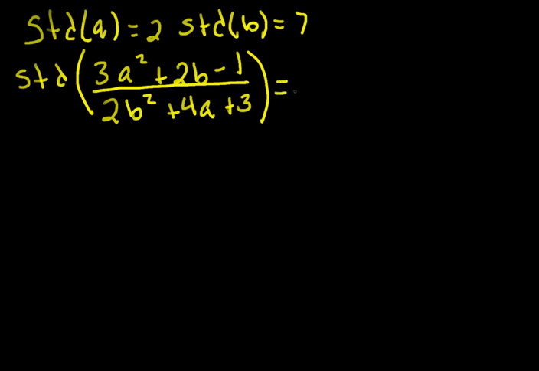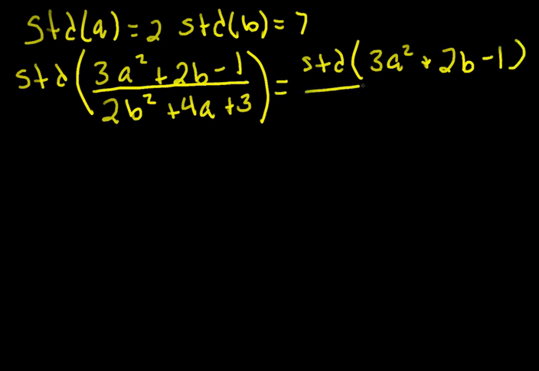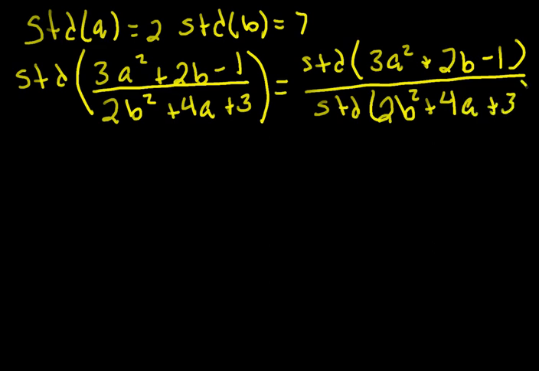And so this is equal to the standard part of 3a squared plus 2b minus 1, all divided by the standard part of 2b squared plus 4a plus 3. And run through all of the rules: it distributes across additions, across multiplication, across powers.